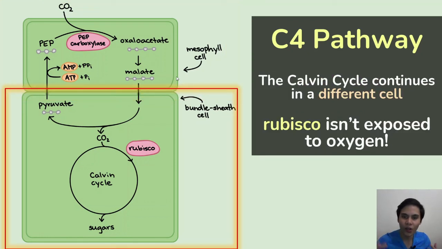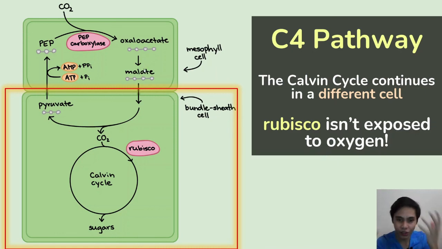Now, later on, your malate is transferred to what we call a bundle sheath cell. And this is where the rest of the Calvin cycle takes place and where Rubisco does its job. Now, the bundle sheath cell is special because it doesn't have any contact with the atmosphere. It doesn't have any contact with oxygen gas in the first place. So Rubisco has no choice but to work with carbon dioxide that was stockpiled from malate.